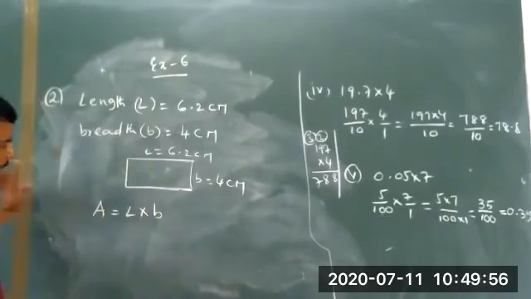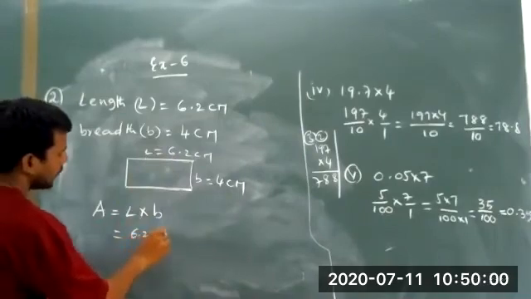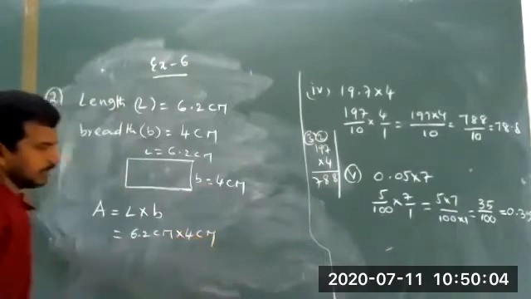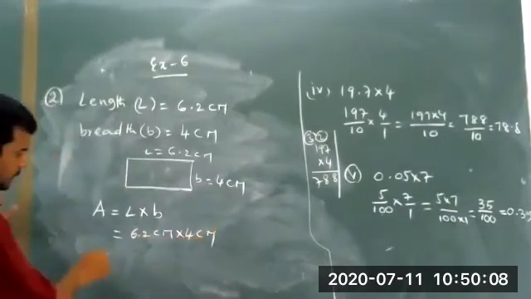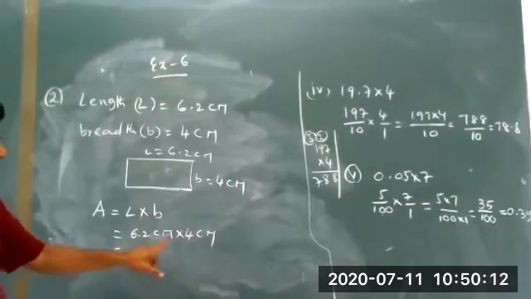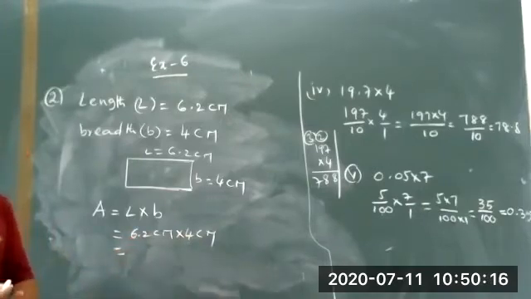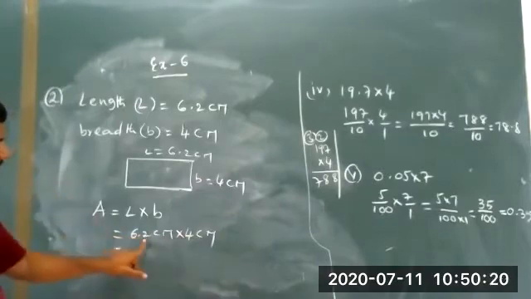Area of rectangle equals length into breadth. What is the length? 6.2 centimeters into breadth 4 centimeters. Observe here, 6.2 is a decimal number, 4 is a whole number. This decimal number we convert into a fraction. In the decimal place, how many digits are there?